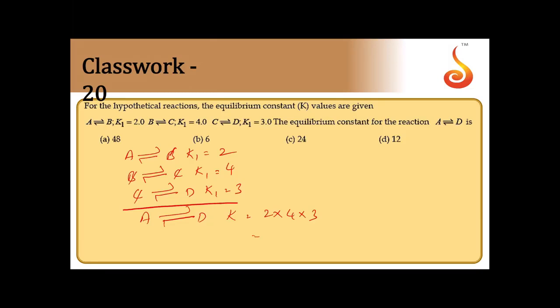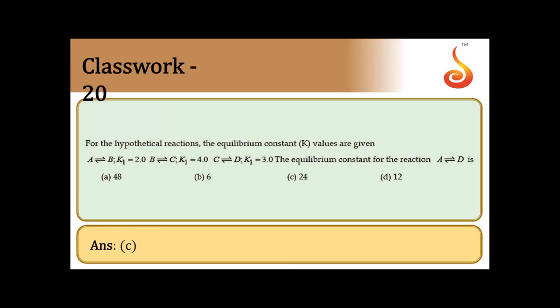So the answer is 24, which is option C. Whenever we add equations to get the final expression, we need to multiply the respective equilibrium constants to get the final equilibrium constant. So multiplying 2, 4, 3, we get 24.